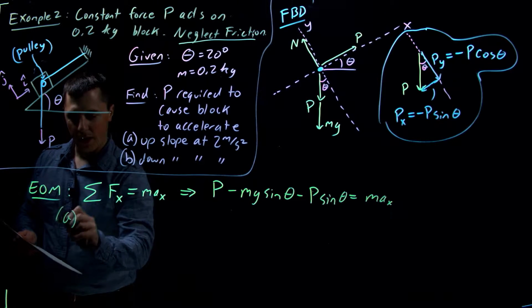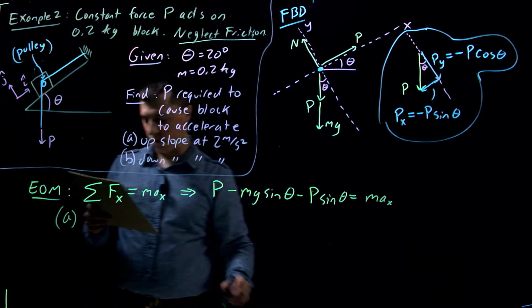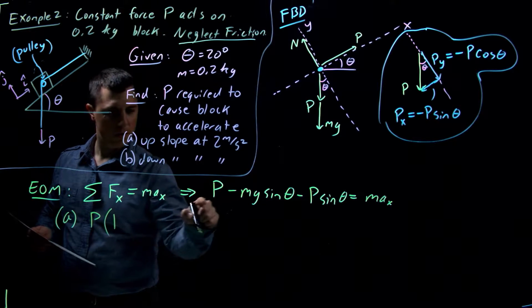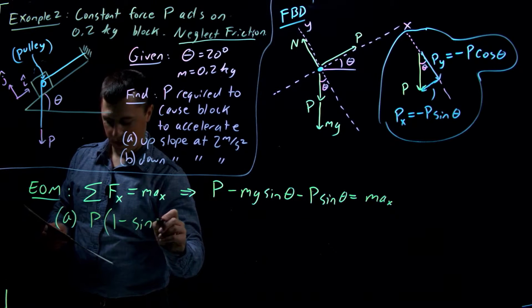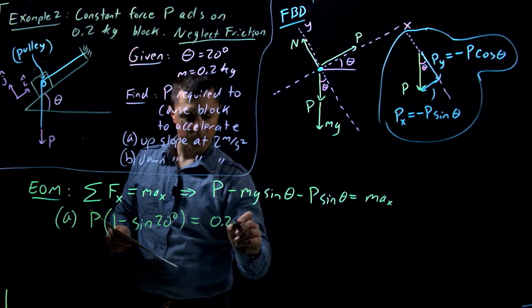Okay, so for part A, we impose that we want the acceleration to be positive 2 meters per second squared. Maybe isolate that P has a 1 minus sine of 20 degrees, and that should equal mass times acceleration.